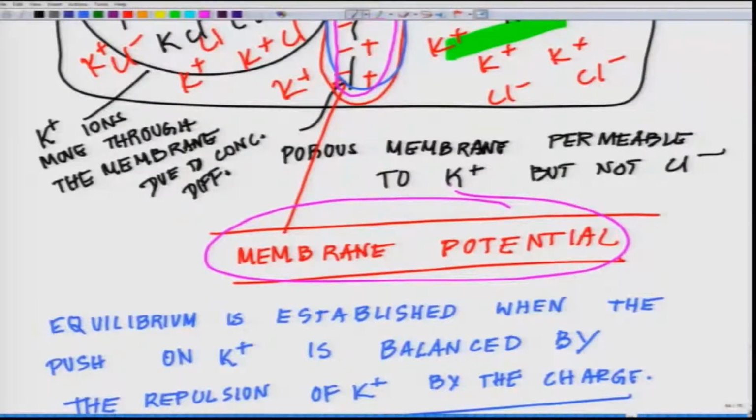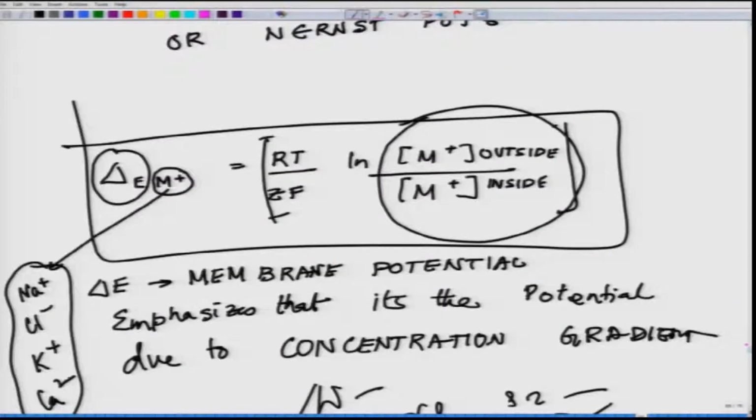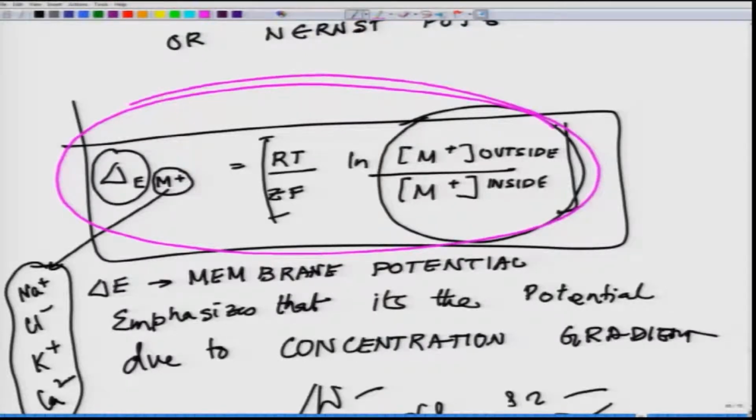Now, if that holds true, using exactly the same situation, we are almost getting there. We draw this expression where delta E is your membrane potential, and we talked about any ion, it could be sodium, chloride, potassium, or calcium.